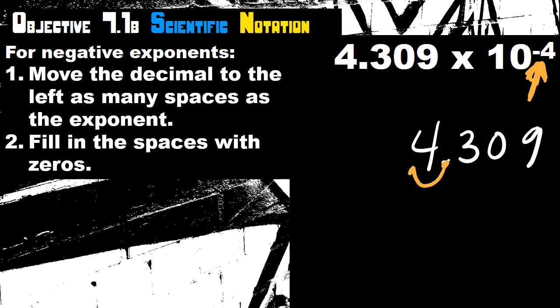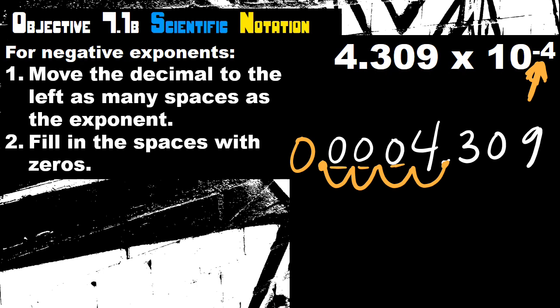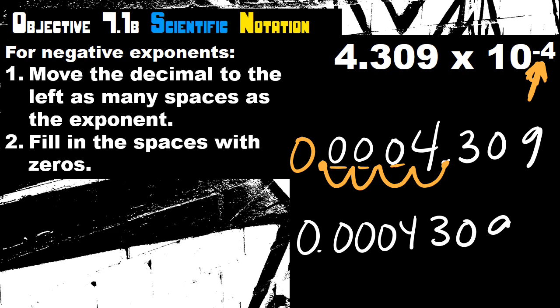So let's go 1, 2, 3, 4. We add our decimal and the leading 0. And we have some spaces to fill in. So let's fill in our spaces. So this gives us a very small number when we write this as 0.0004309.